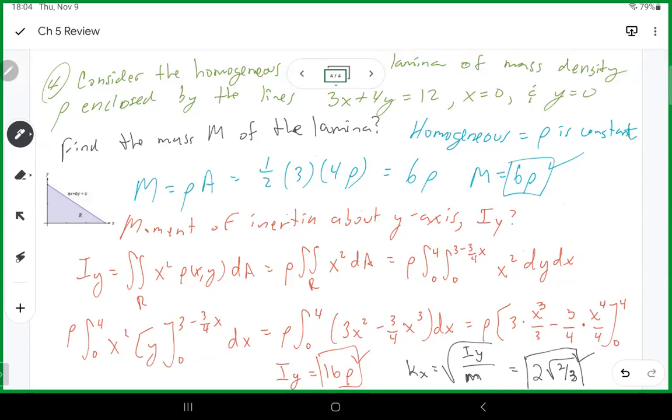That is one that you're not going to want to give a decimal answer to. So this would be part A answer, part B answer, and part C answer.